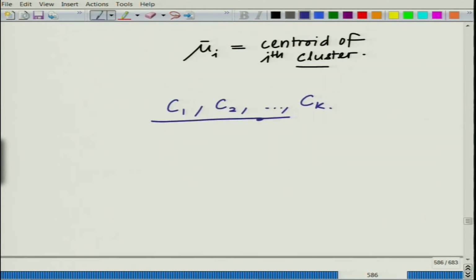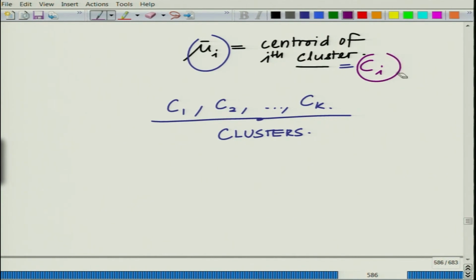So, mu bar i is the centroid of the ith cluster, and the ith cluster itself we denote by the set Ci. Then you have the k clusters, where k equals the number of clusters.